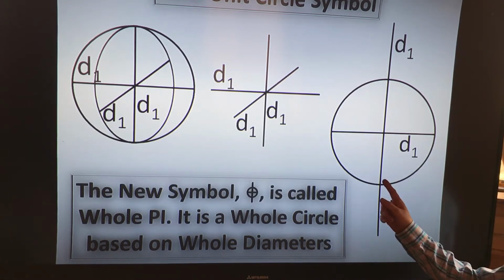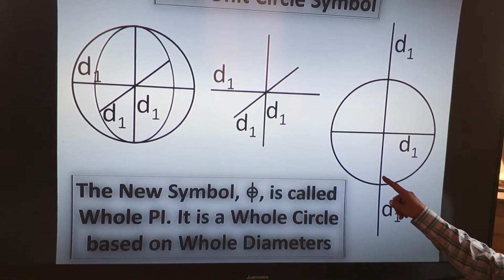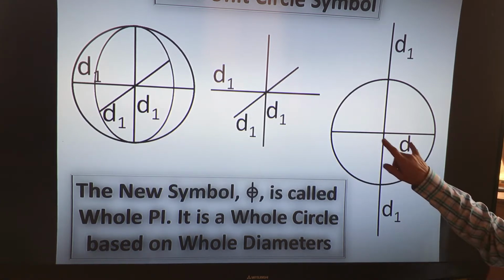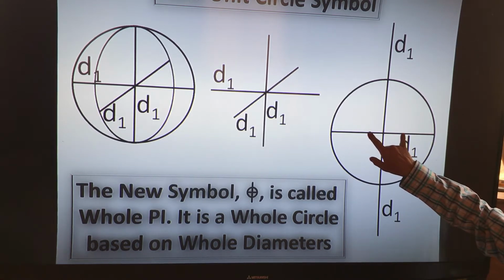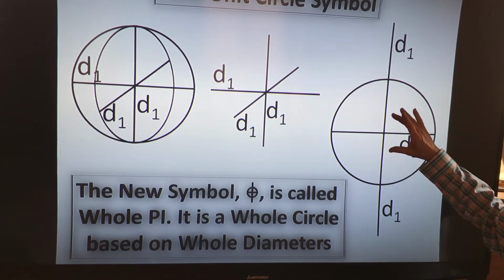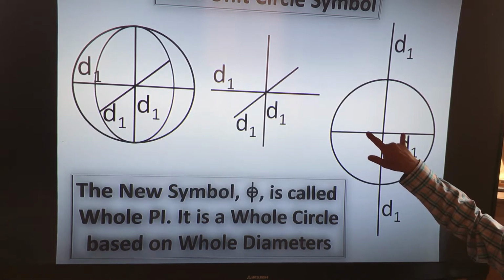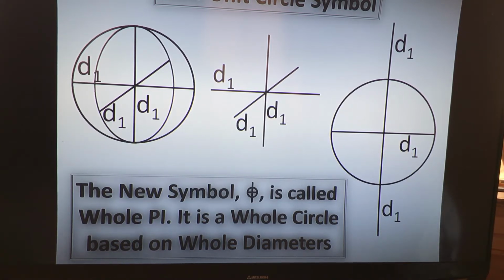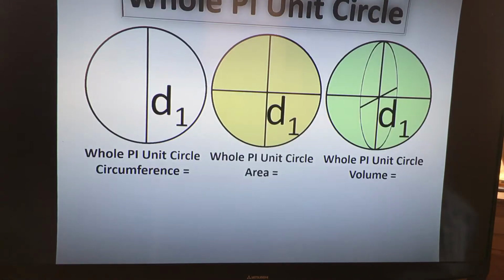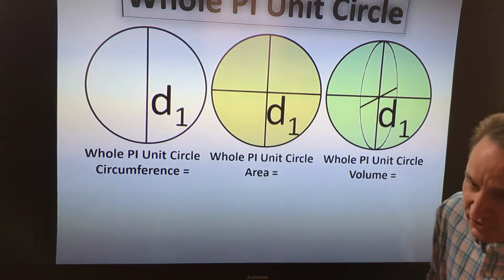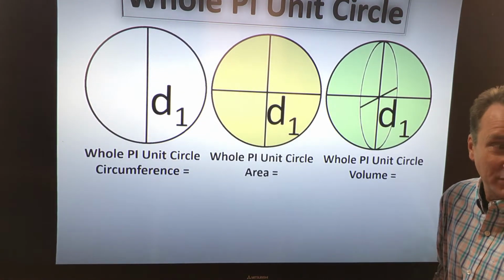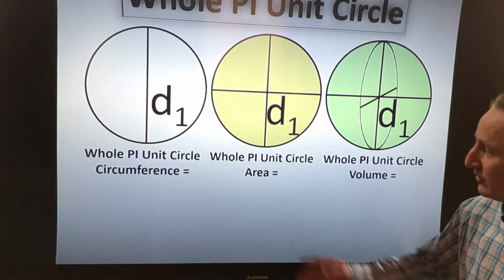So we have the symbol for pi, whole pi, and also the ratio of these 2 diameters to this 1 diameter is the same as the ratio of 1 diameter to 1 r. So it's got self-similarity built into it back down to radii, because it's in the same ratio as the diameter is to a radius.